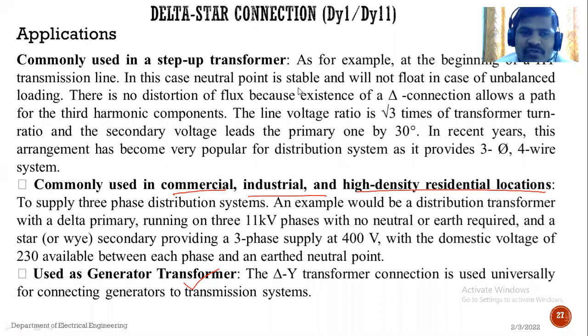These are the most important types of connection. The last type is the zigzag connection, star zigzag and delta zigzag, which we will discuss in tomorrow's lecture. In this way we conclude today's lecture.